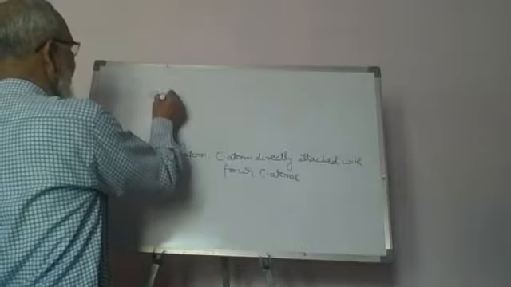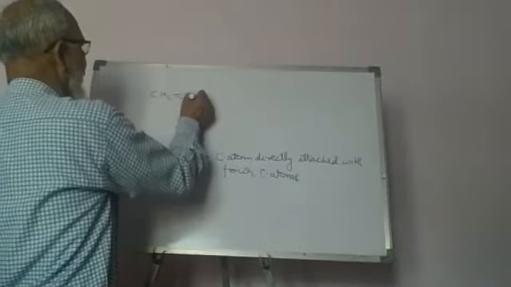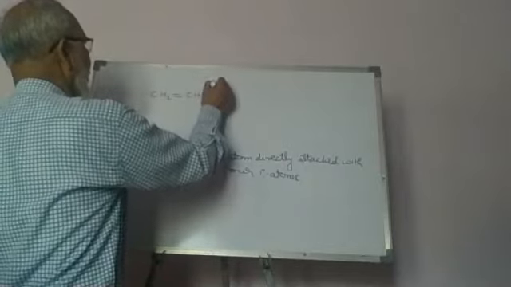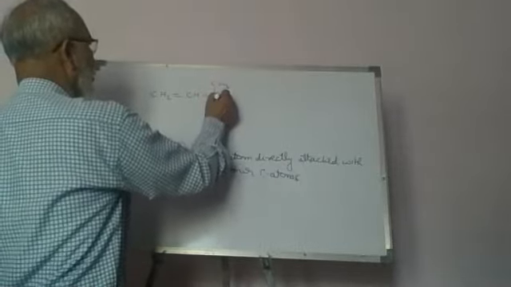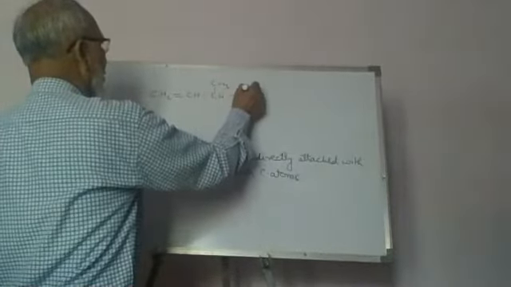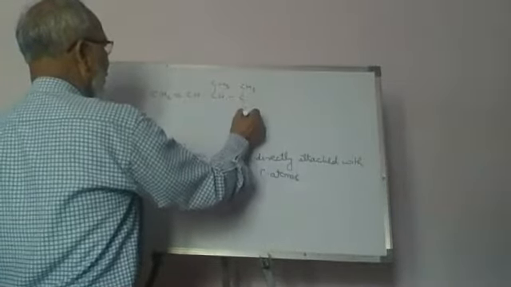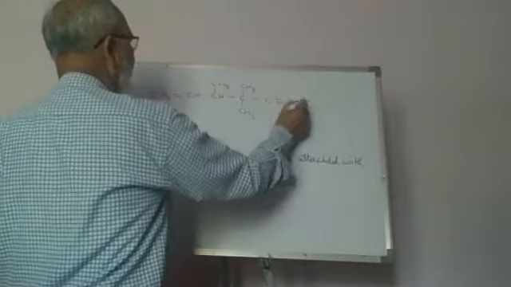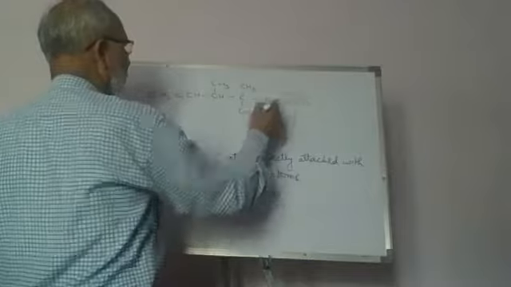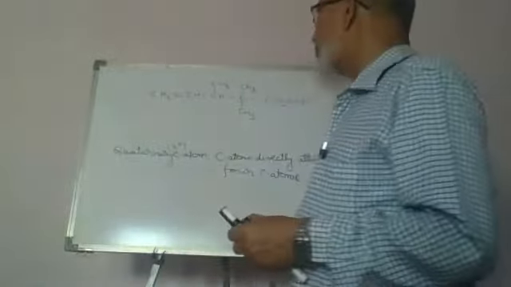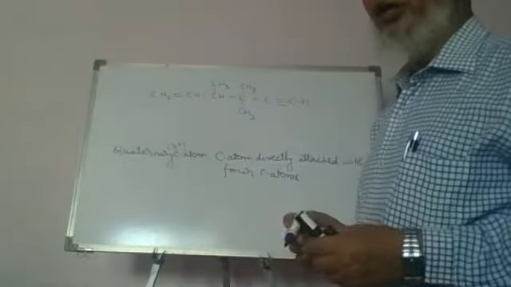Suppose this is the case: CH2 double bond CH, single bond CH3 CH, CH3, CH3 C triple bond CH. Let us see which one is primary, secondary, tertiary or quaternary carbon atom.